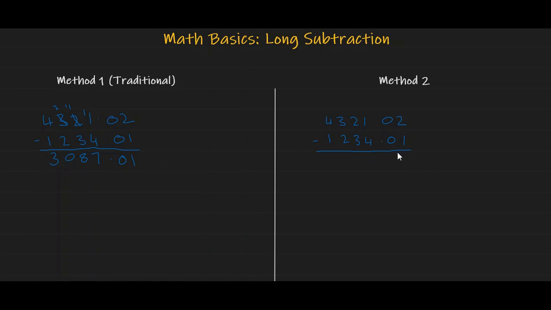Now let's look at method 2. 2 minus 1 would be 1, 0, point. Now 4 is larger than 1, so you just write minus 3. 3 is larger than 2, minus 1. Because you have a larger number up there, you would solve this first before moving on to the next digit.